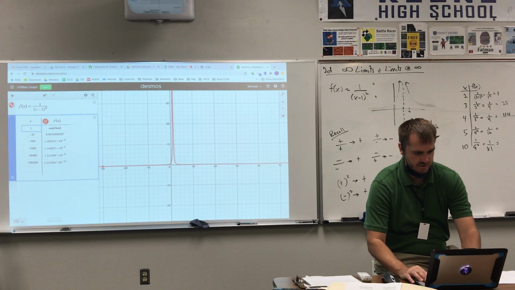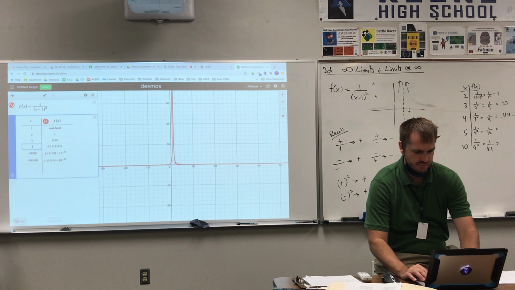Let's see, when x is 1, it's undefined. Then 2, 3, 4, 5.